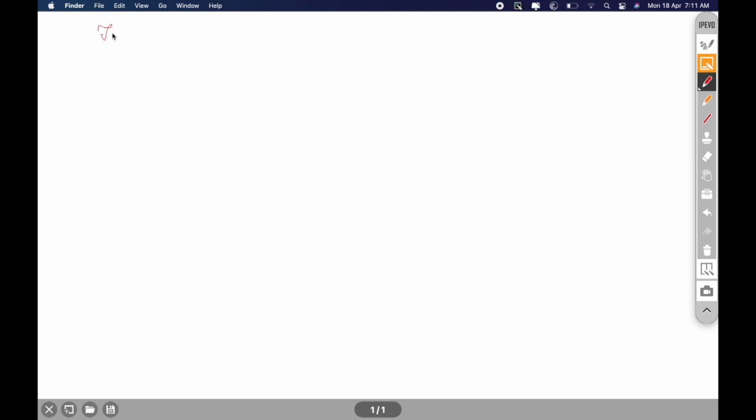Total number of ball pens equals 144. Number of defective ball pens equals 20.